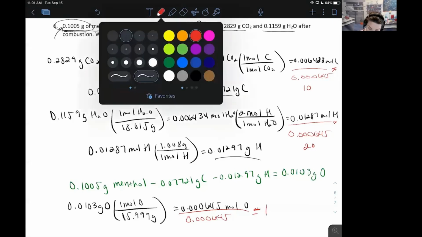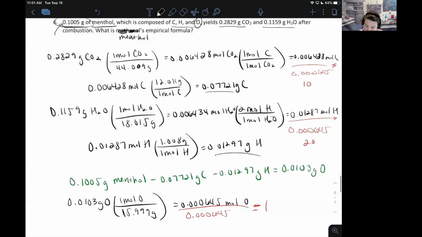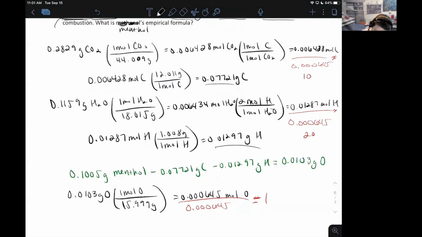So our empirical formula for menthol is C10H20O. So that is our menthol empirical formula.